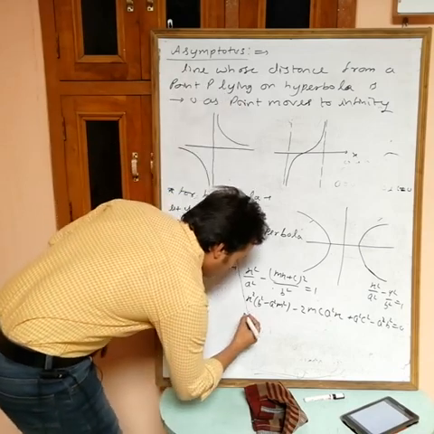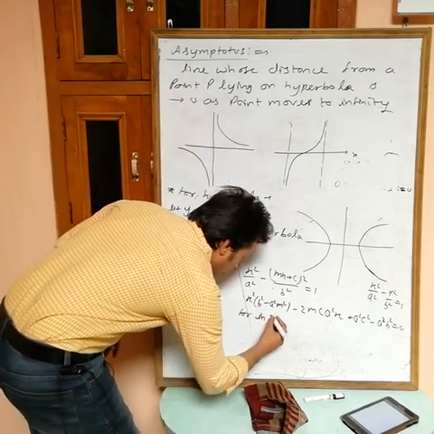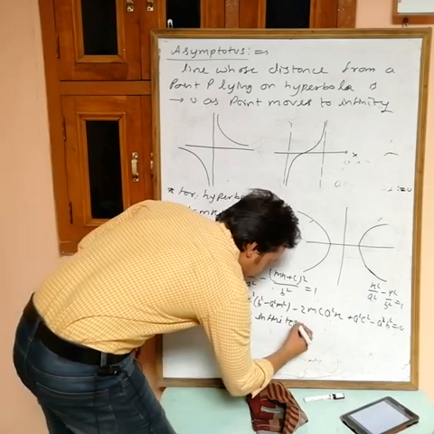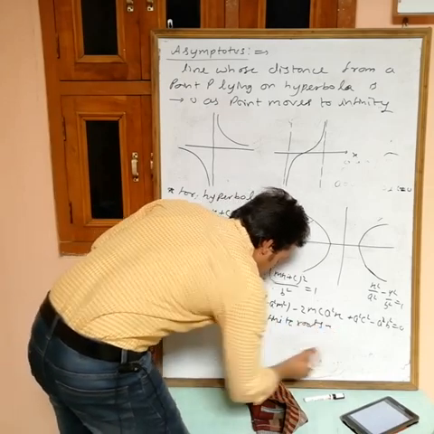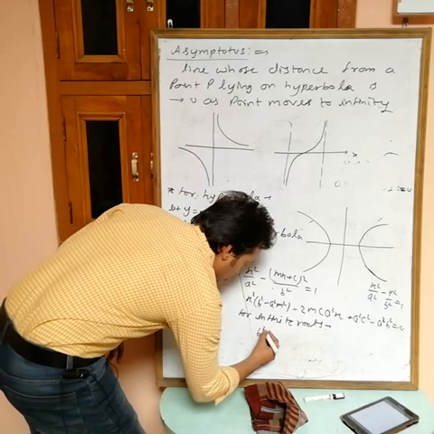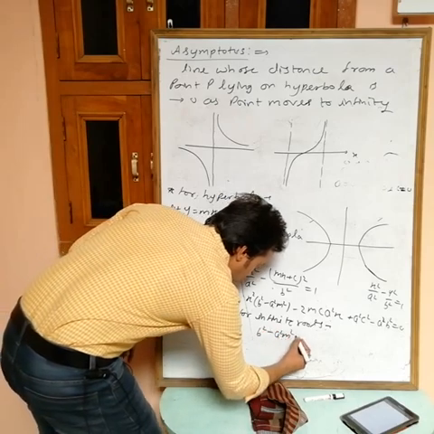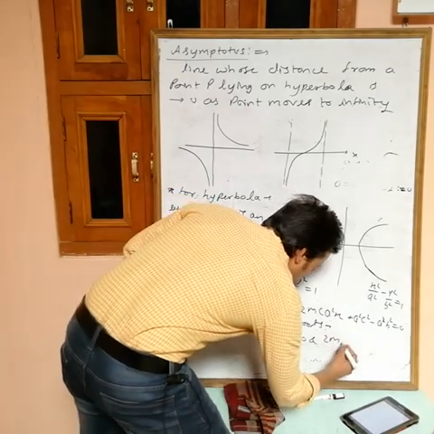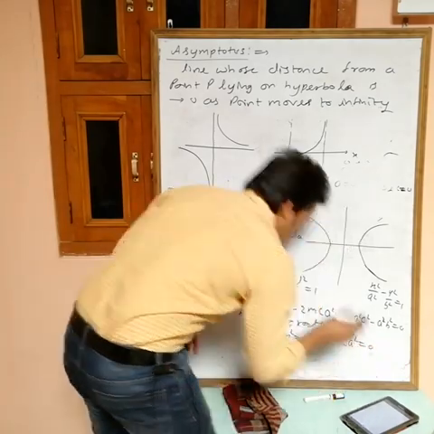So for infinite roots, the conditions are b square minus a square m square equals to 0 and 2mc equals to 0.